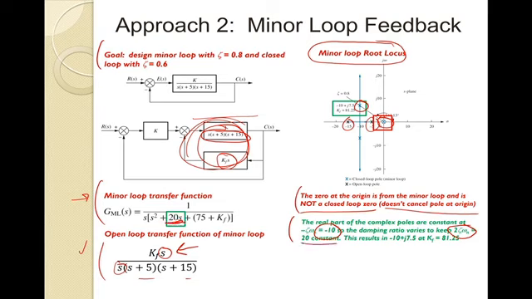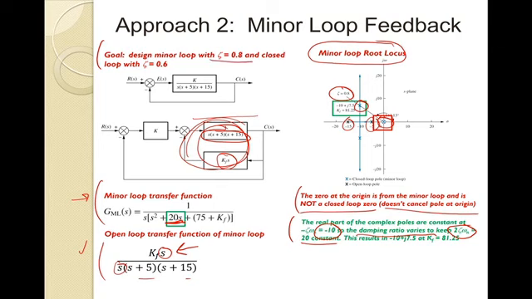Since that's a constant, the damping ratio will need to vary to keep that term constant. Initially I have a damping ratio of 0.8, because that's where I want to design my minor loop.